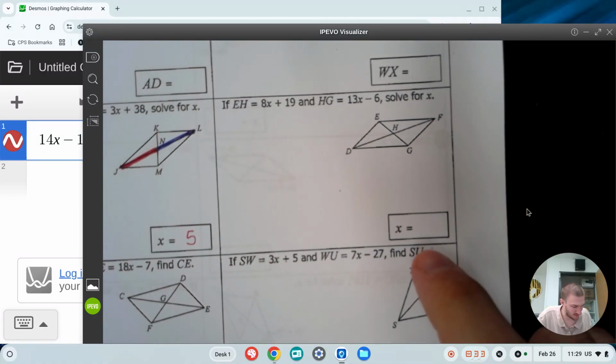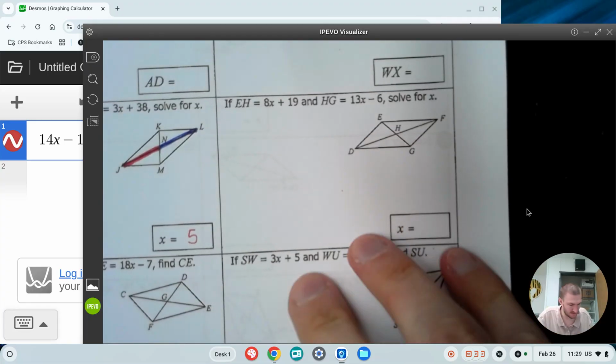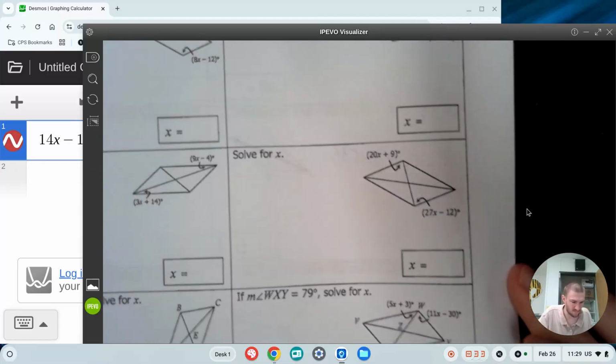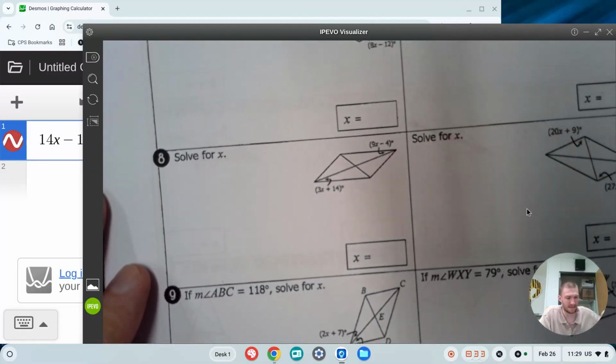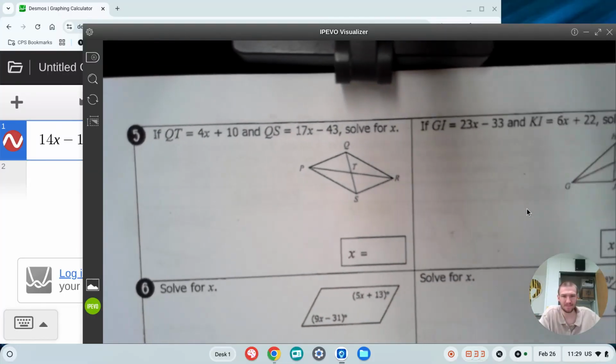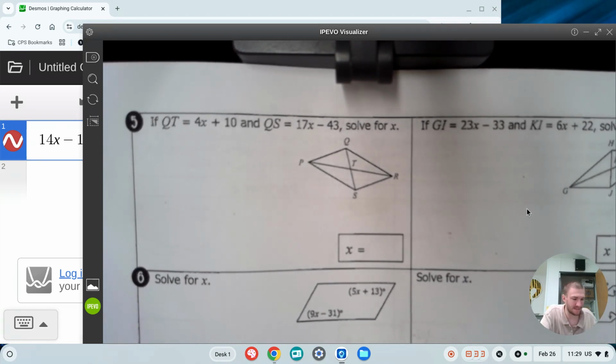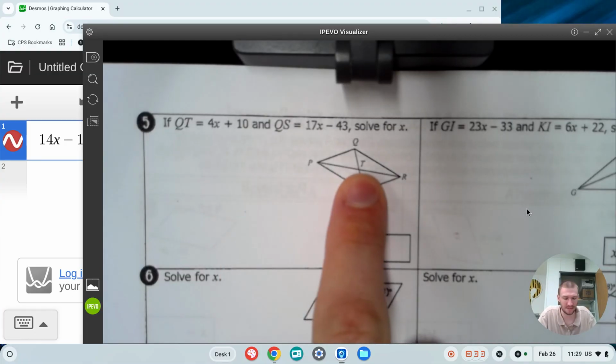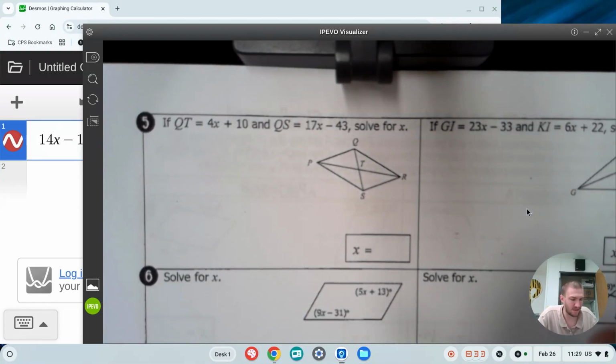We have some questions on the back that look pretty similar here. Okay, we still have our two pieces, but this time we have something else.